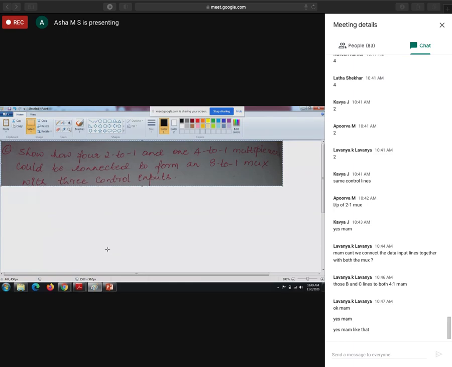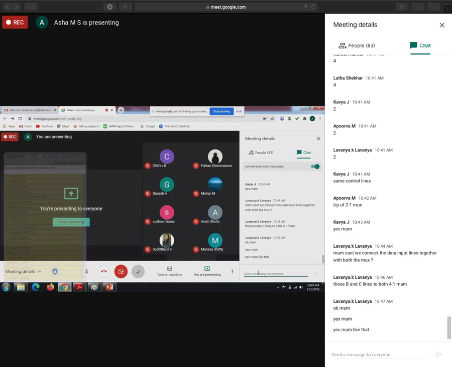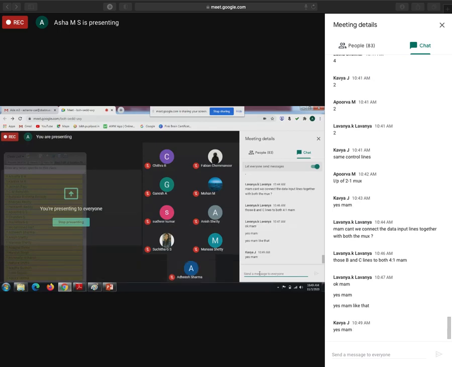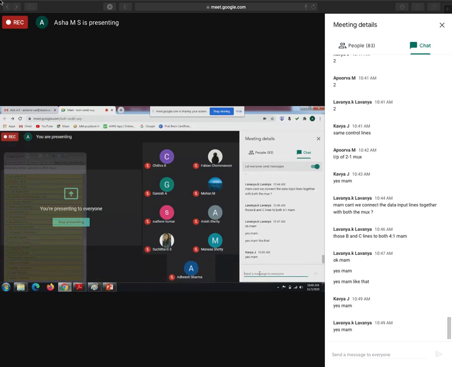Finished copying. I think this problem you can solve.